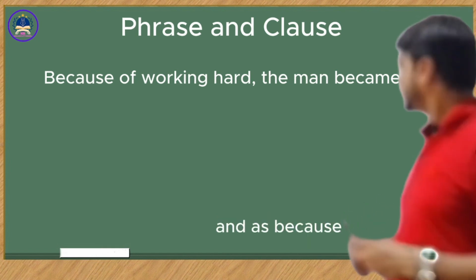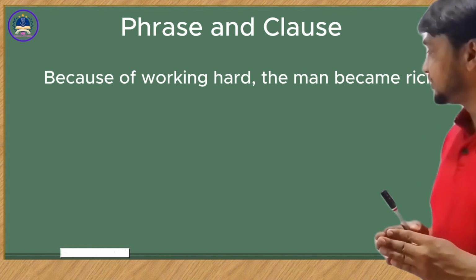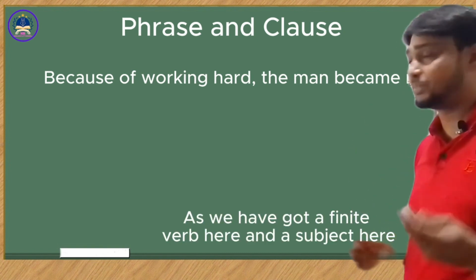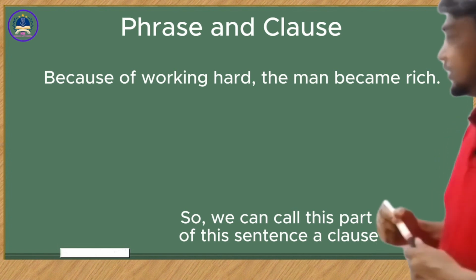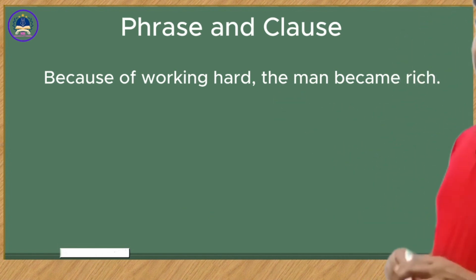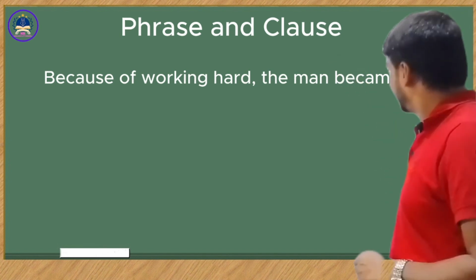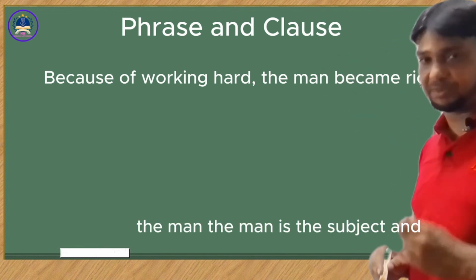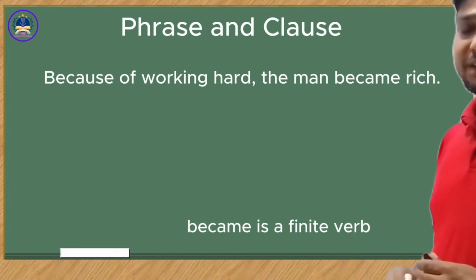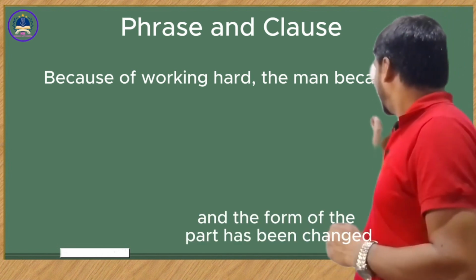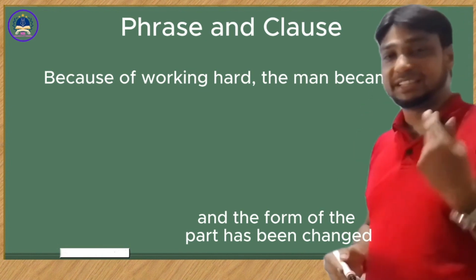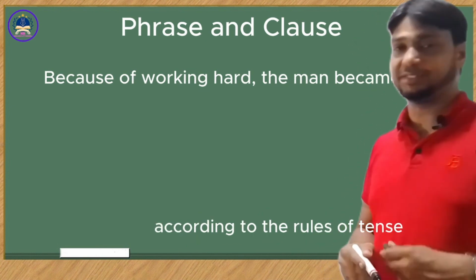And as we have got a finite verb here and a subject here, so we can call this part of this sentence a clause. The man is the subject and became is a finite verb, and the form of the verb has been changed according to the rules of tense.